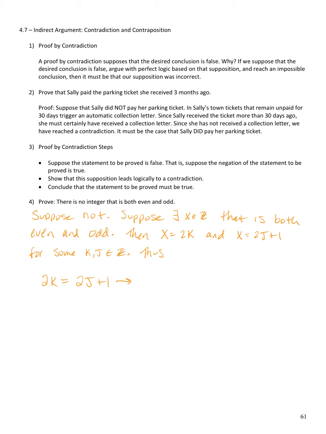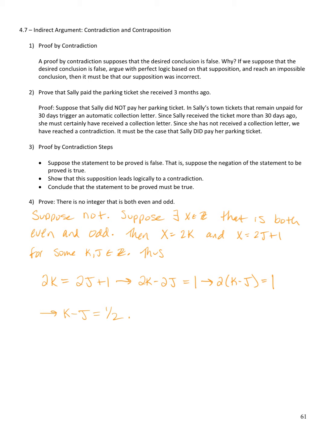And that implies that 2k minus 2j equals 1, just subtracting 2j from both sides there, which implies that if we factor out a 2 from the left, we get 2 times (k minus j) equals 1, which, if I divide both sides by 2, tells me that k minus j equals 1/2. Okay. We've reached a contradiction because k minus j is an integer.